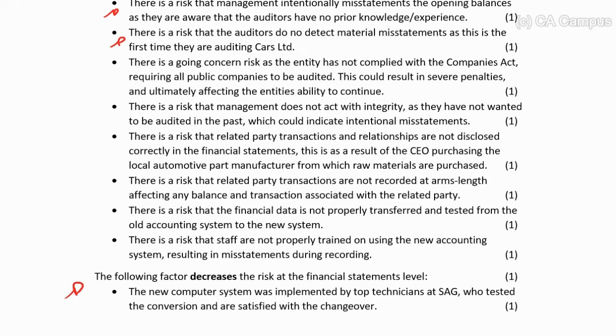get it then. Going concern risk, because they're not complying with the Companies Act, because all public companies are required to be audited. They are Cars, Limited, public. So the fact that they chose to be audited now shows that prior to that, they have not been complying with the Companies Act.